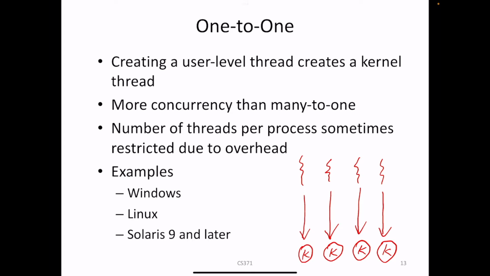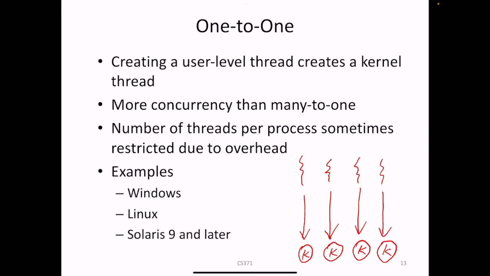Then one-to-one mapping can support more concurrency than many-to-one mapping, even parallelism if multiple cores or CPUs are available in the system. Also, in one-to-one mapping, if one user thread is blocked, only the corresponding kernel thread will be blocked. It won't affect other user threads.